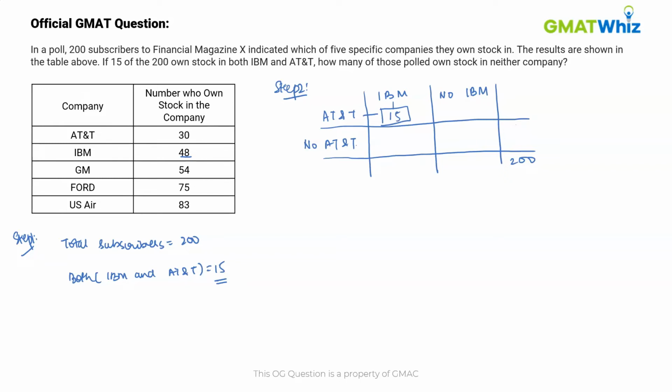Now from the table, we know that there are 48 subscribers who own stock in IBM. So the column total of IBM should be equal to 48. And there are 30 subscribers who own stock in AT&T. So the row total should be equal to 30 for AT&T. Now using these values, we fill up all the remaining values of the matrix in step 3.